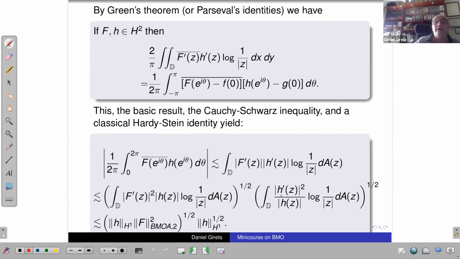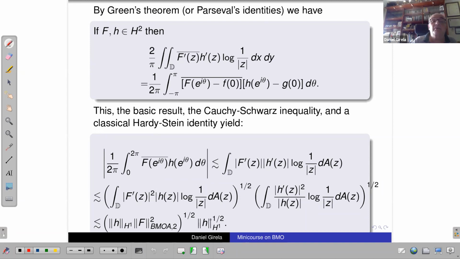Okay, so then what we get is, but the term that we have here is, by the Hardy-Stein inequality that I stated in the beginning, majorized by the H1 norm of h. So we put this and this together, and this gives the BMO norm of f times the H1 norm of h, which is what we wanted to do.